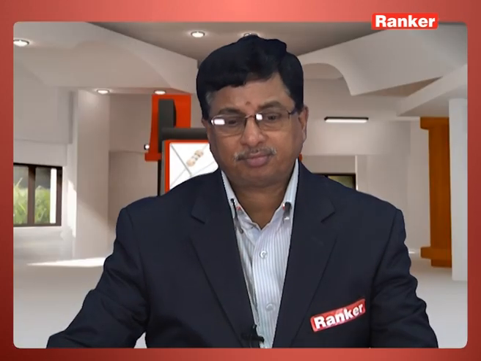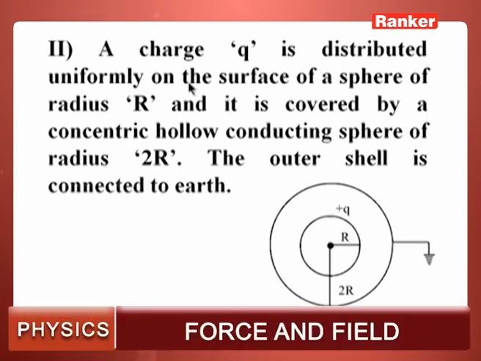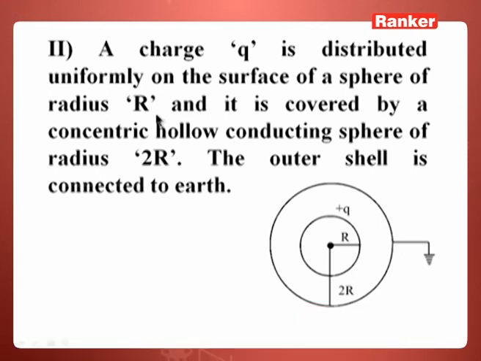Next case. A charge Q is distributed uniformly on the surface of a sphere of radius capital R. You can check, this is the surface having radius capital R, this is the sphere, right? And it is covered by a concentric hollow conducting sphere of radius 2r.